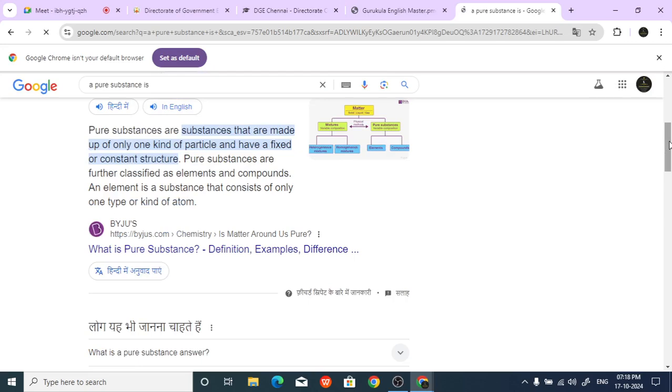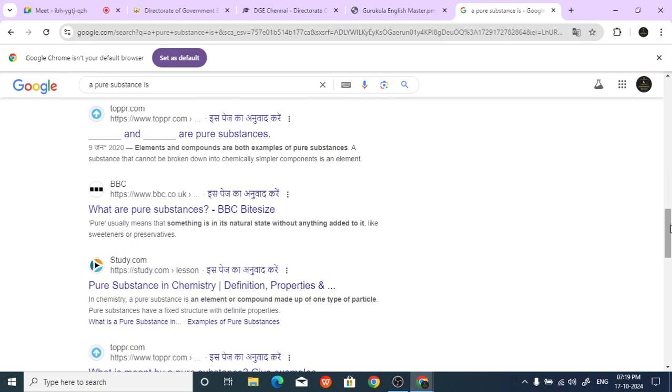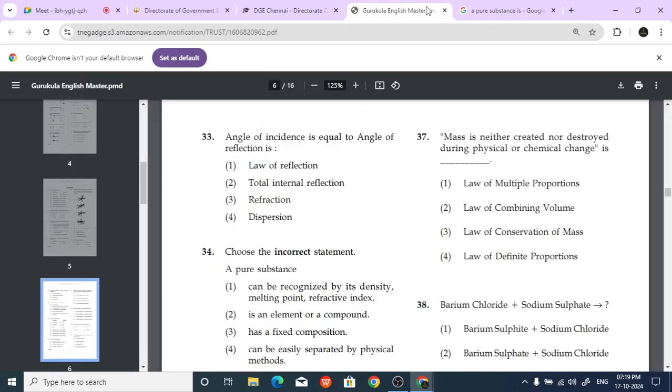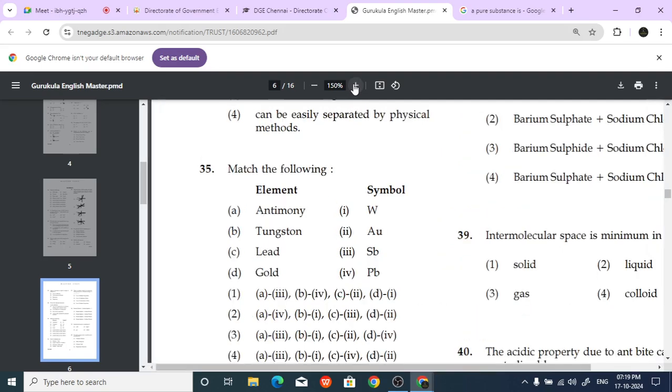Pure substances are further classified. Anyway, I don't know exactly. I'm not very sure. So you go and check in your book. I don't want to teach you wrong methods. Oh, sorry.